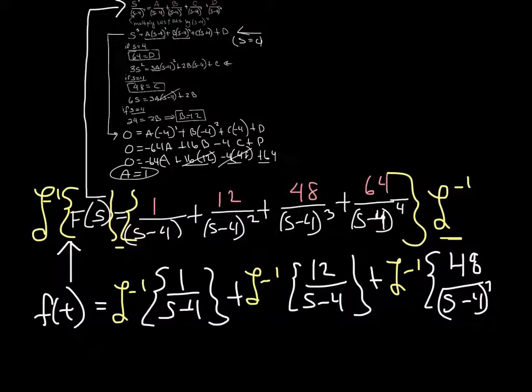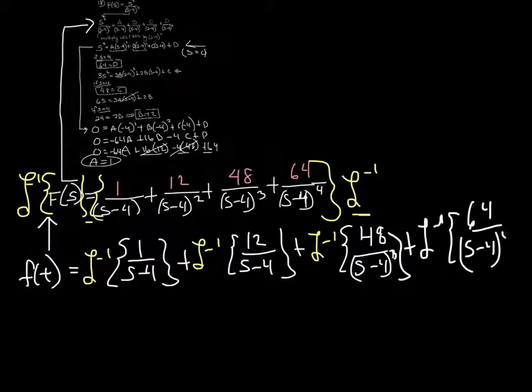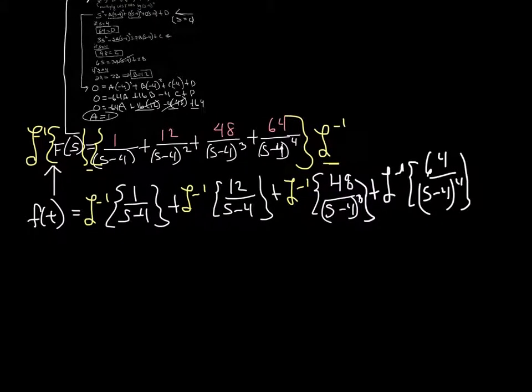Oh, my hand's hurting. I gotta stretch it out. Plus, yes, that is a 3. Plus the Laplace inverse of, it should be yellow, but I think you guys know what I mean. Okay, there we go.